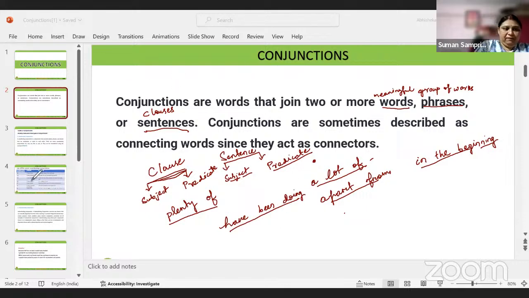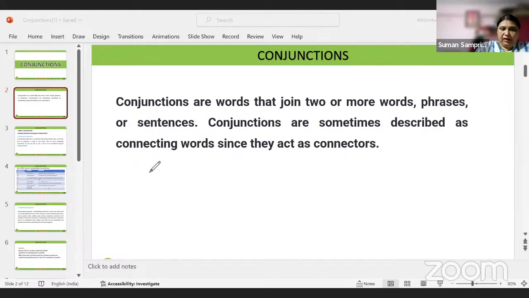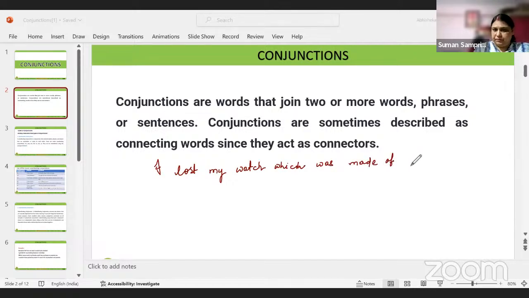But when we have situations like this, if I say that I lost my watch, which was made of gold. Okay. I lost my watch, which was made of gold.